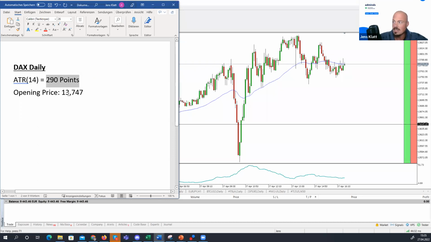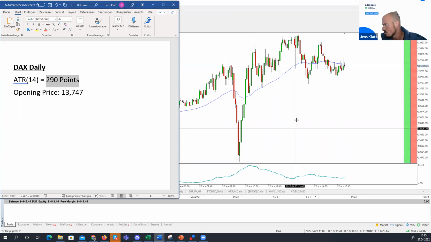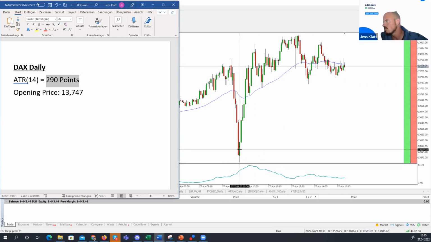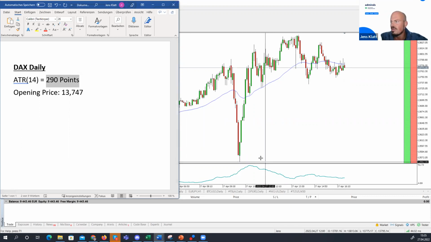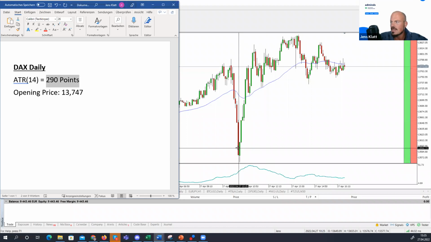I mean, this changes. Like today, for example, we traded as low as 13,560. Is it correct? Yeah, 560 was the low of the day. Let's assume that for whatever reason you entered the market in this area.